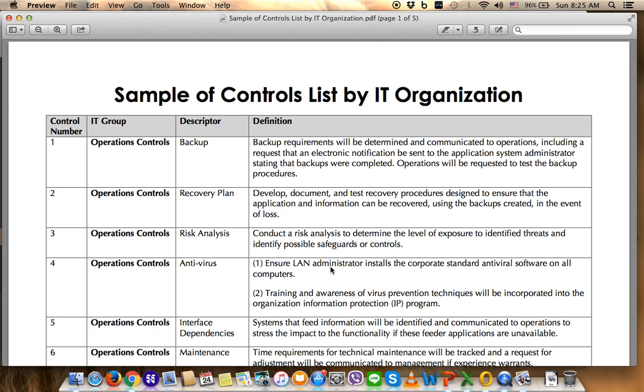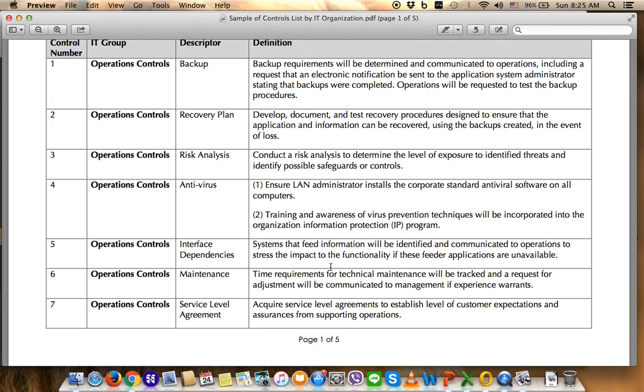One is to ensure the LAN administrator installs the corporate standard antivirus software on all computers. The second is that training and awareness of virus protection techniques will be incorporated into the organization's information protection program.